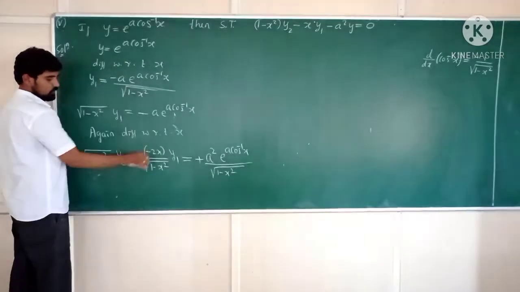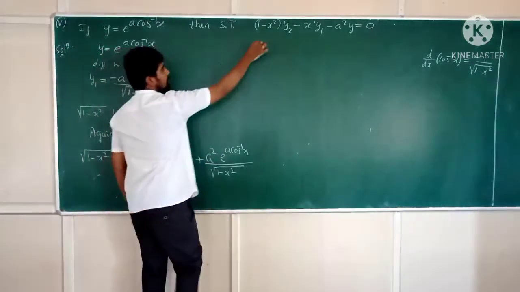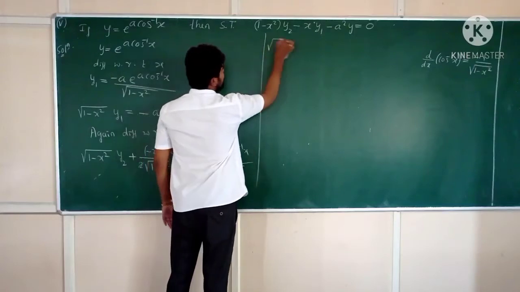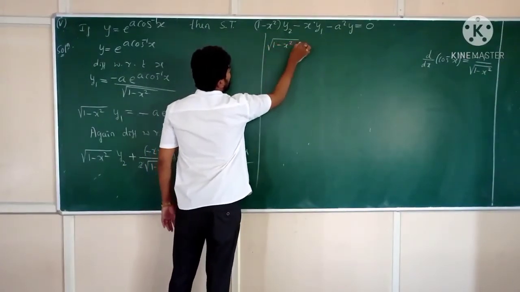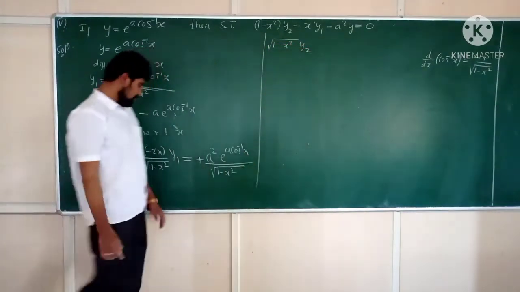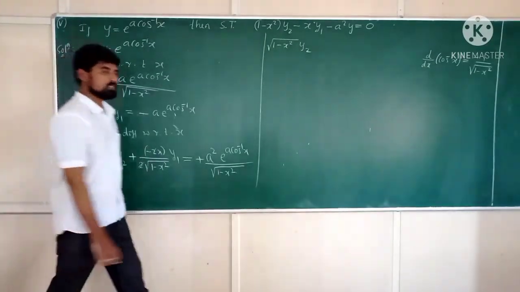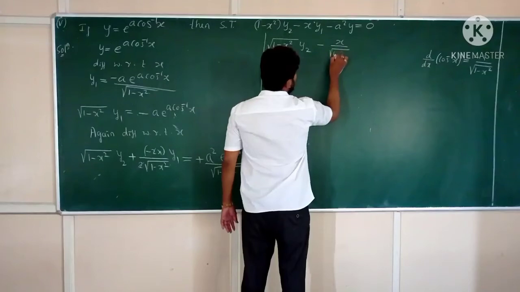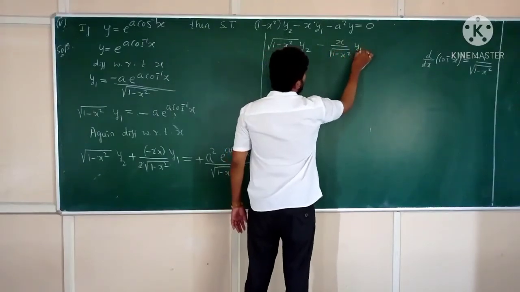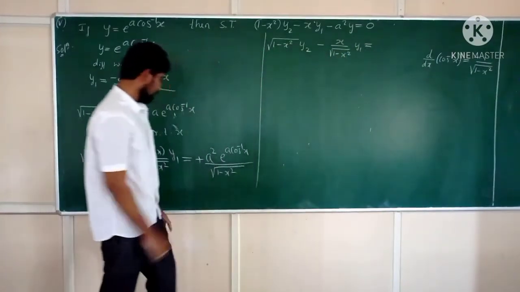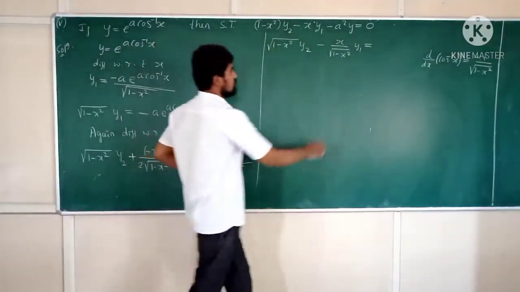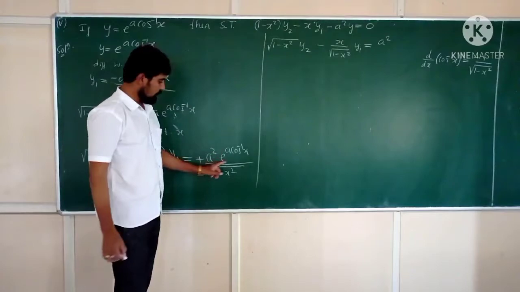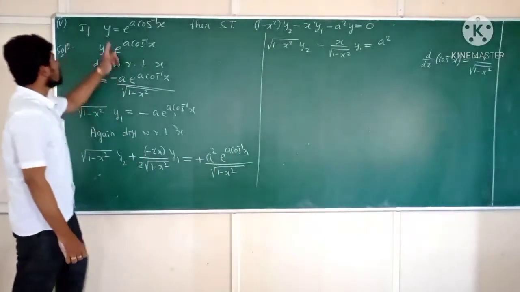Now here 2 and 2 get cancelled. Therefore remaining square root of 1 minus x square into y2. Then plus into minus minus x divided by square root of 1 minus x square into y1 is equals to a square as it is into e power a cos inverse x is equal to y1.